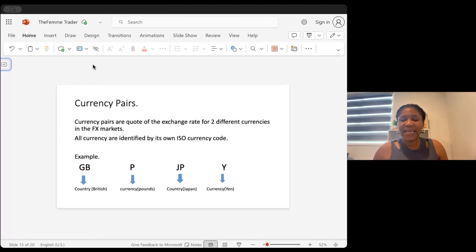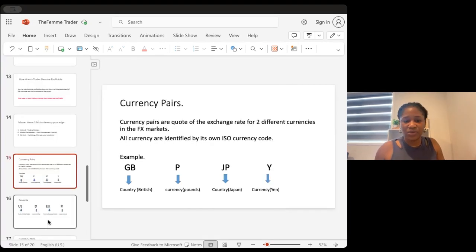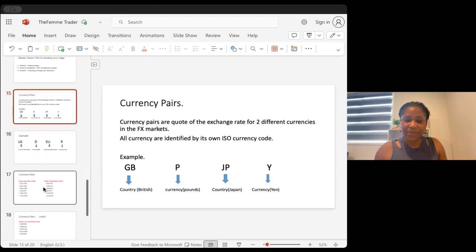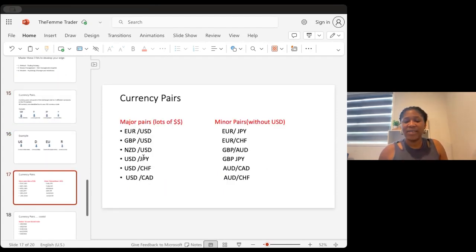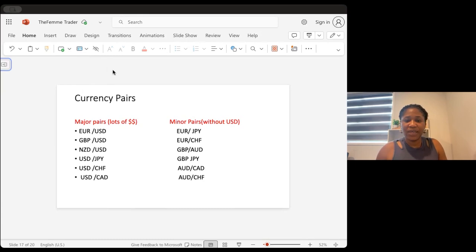And I'm quoting it against JP, which is Japan, and the Y is the yen. So GBP, JPY. You will be hearing that a lot. So people match, they pair two currencies together, and that's how we trade. That is this example. So these are the currencies that you need to be looking out for.